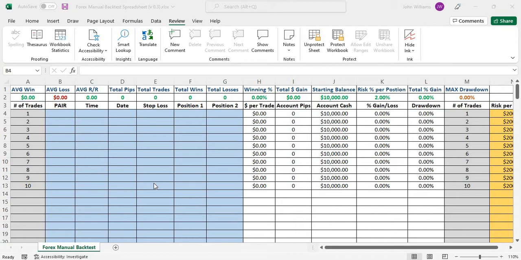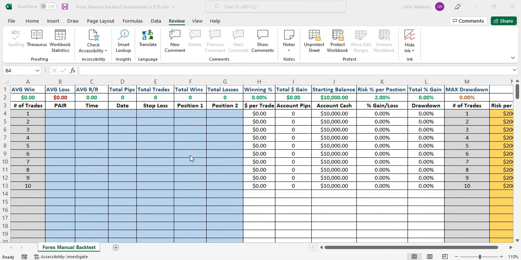I'm just going to show you what it does. I suspect that most persons who are watching this are into Forex trading and are already familiar with some of the concepts that go into backtesting, and already familiar with what backtesting is.